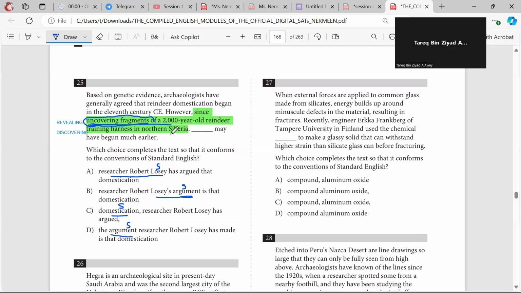Domestication is the process. Okay, yes, but who's supposed to be uncovering the fragments that are related to the process? Since uncovering fragments of a 2,000-year-old, is it Robert Losey or is it the domestication? Okay, can we read from the beginning?